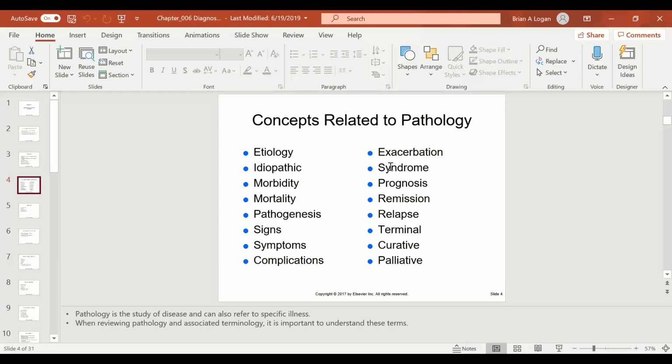Sometimes you don't get all of the vessels tied off. They're really tiny ones that you thought when you irrigated and closed up, you didn't see any bleeding, but the patient got over to recovery, they were waking up and they kind of strained something and caused some bleeding to start up. Complications.